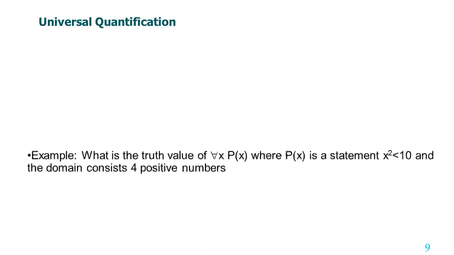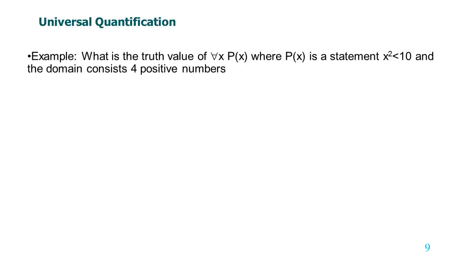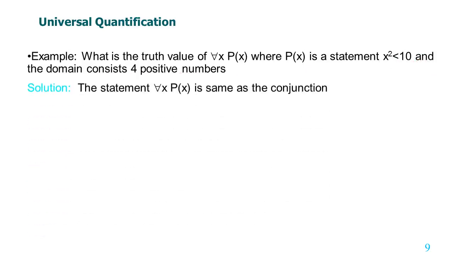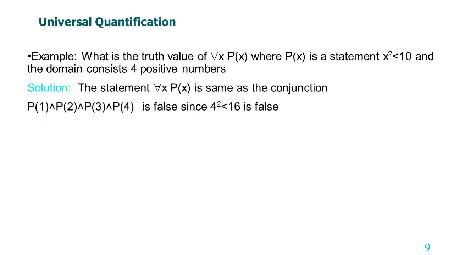Universal quantification, another example. What is the truth value of for all x P(x), where P(x) is a statement such that x square is less than 10, and the domain consists of 4 positive numbers? The statement for all x P(x) is the same as a conjunction, that means P1, P2, P3, P4.